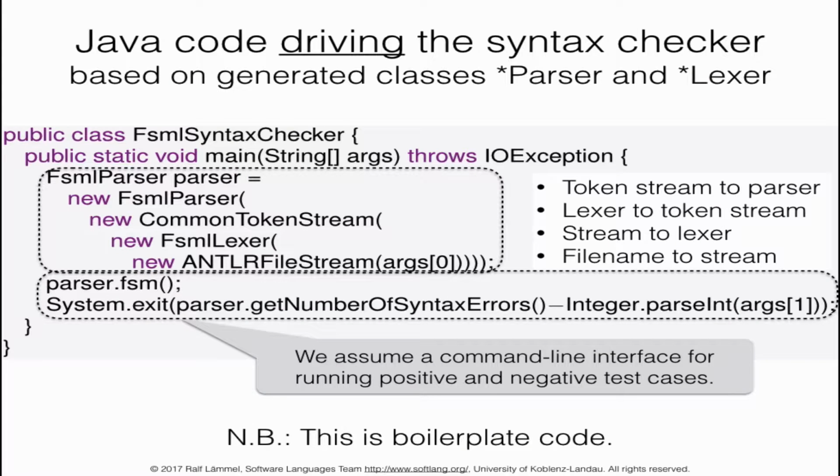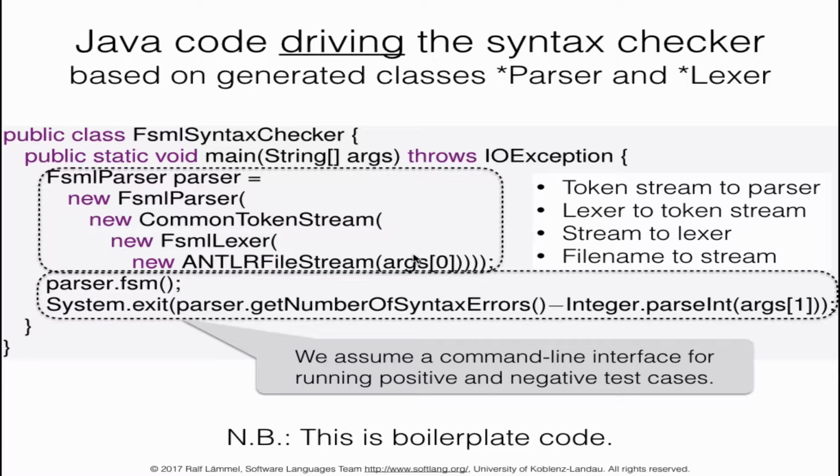So here's driver code for an actual syntax checker, which is a component that we can feed with a file name, let's say, pointing to some text, and the main method would just succeed fine if the input text conforms to the textual syntax, or it would exit with a non-zero exit code if there are any syntax errors.